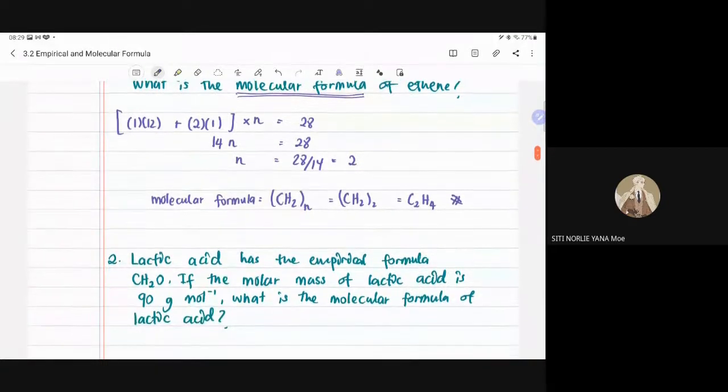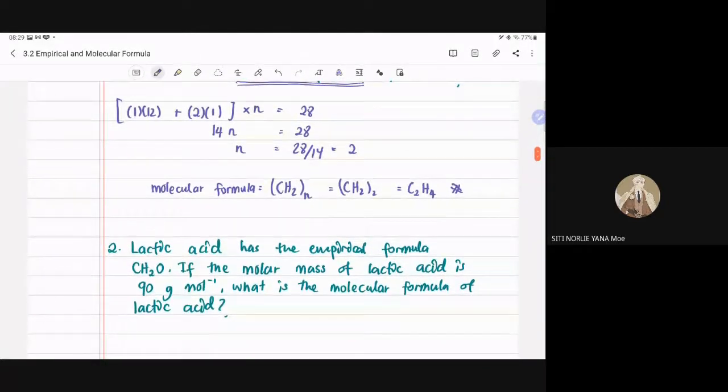And then we look at the next one. Lactic acid has the empirical formula CH2O. If the molar mass of lactic acid is 90 grams per mole, what is the molecular formula of lactic acid? So I want you to try to answer this by following the guide that I have shown you here. So cuba buat sekarang. I give you 3 minutes to calculate this.